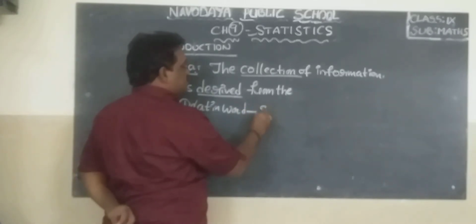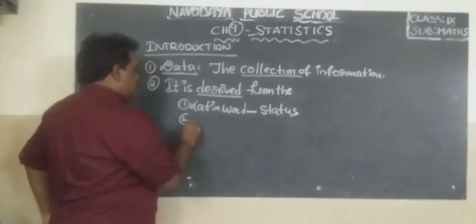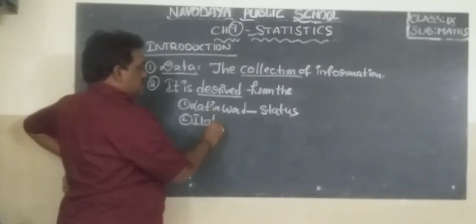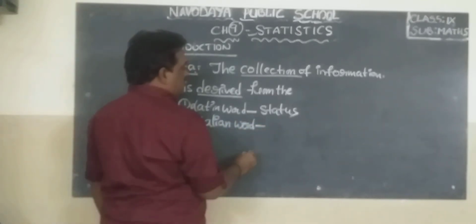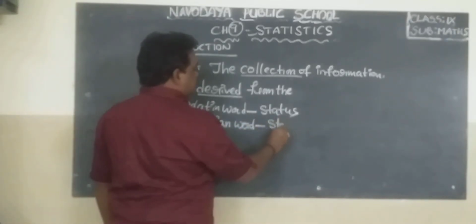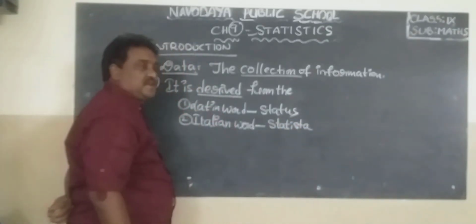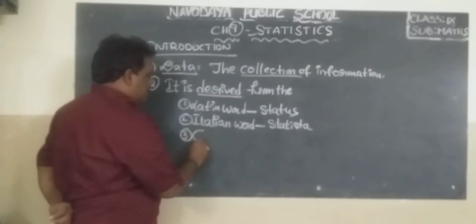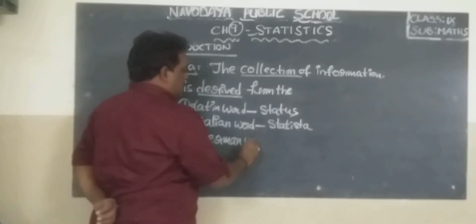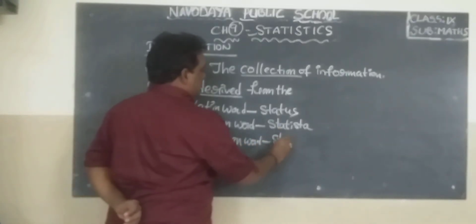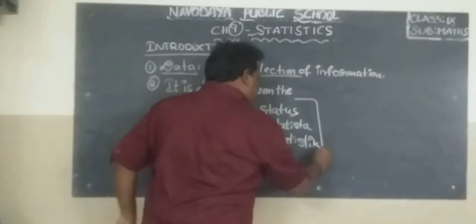What is the Latin word? Status. Number two, the Italian word. What is that? Statista. Number three, the German word, statistic. So these three are important.